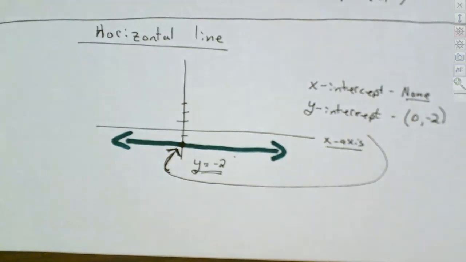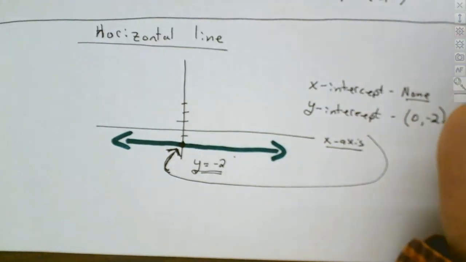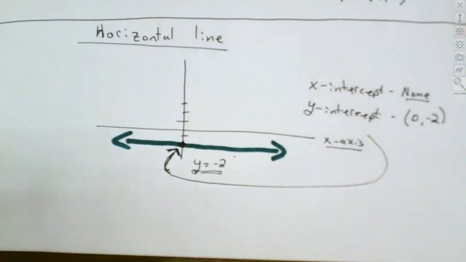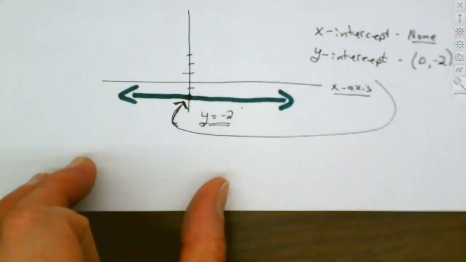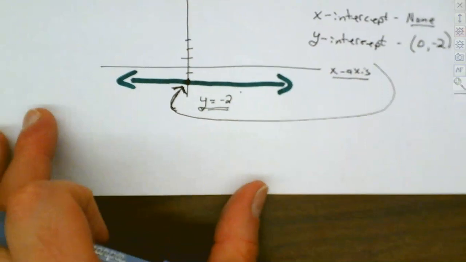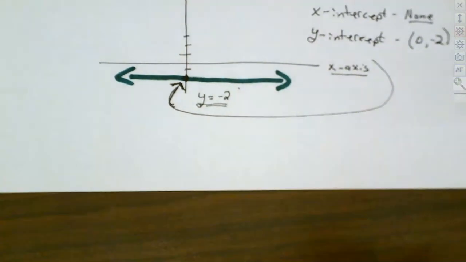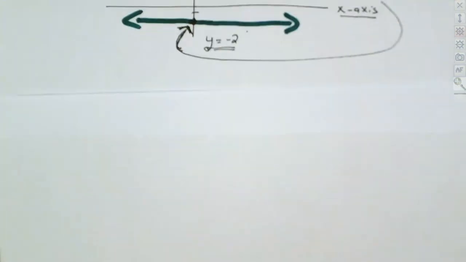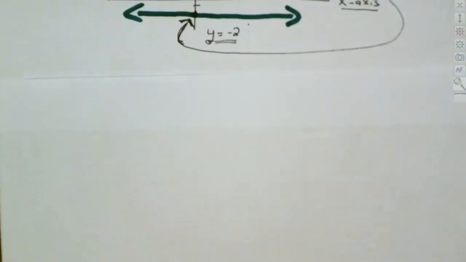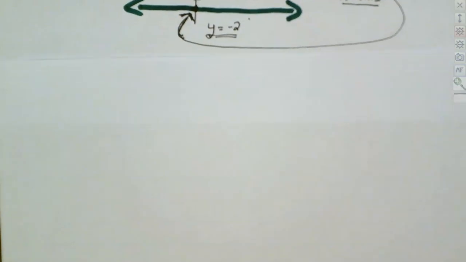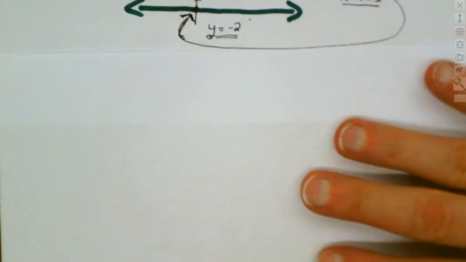And I like to make sure you see visually what it looks like. Otherwise, when we just start calculating them, you're just running through some math. So I really like to make sure we see how it all visually goes together. Now, if I give you an equation, how do we find the intercepts and graph it?